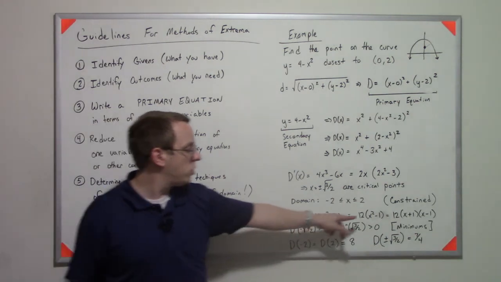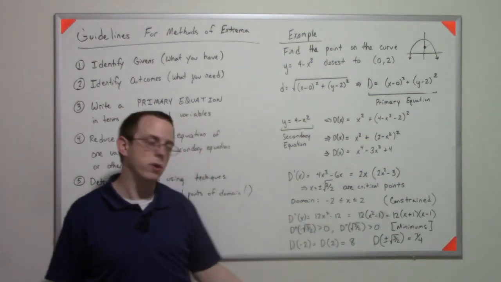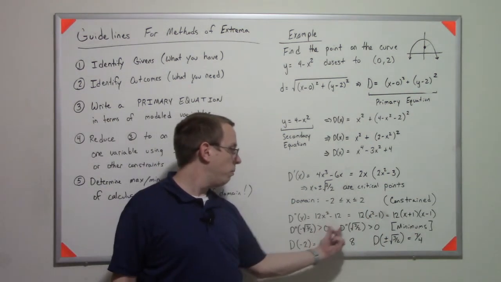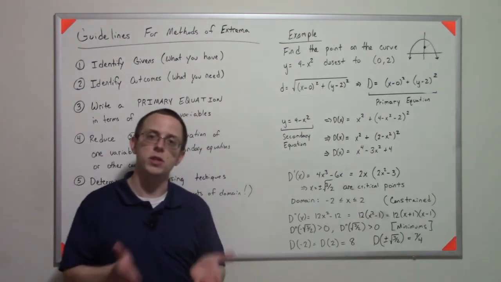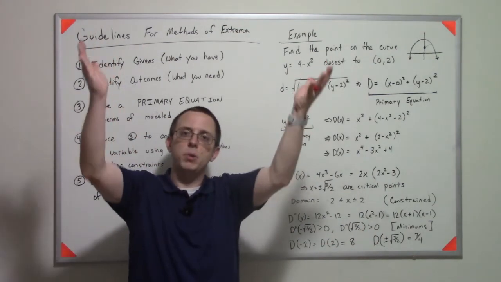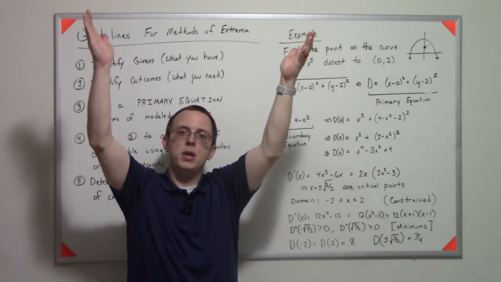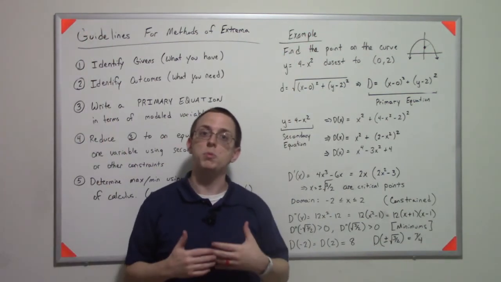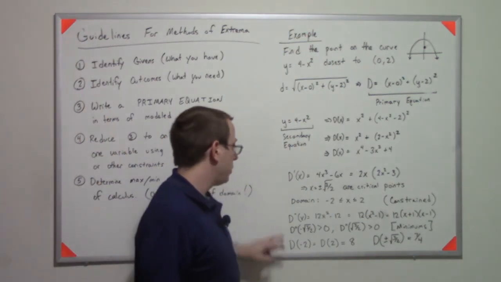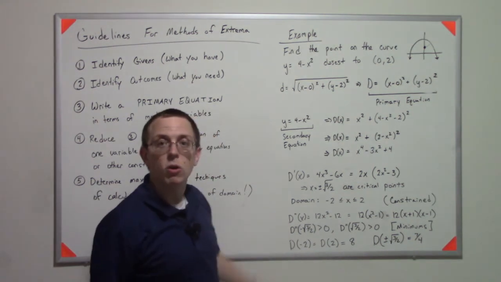And in each case, 3/2 minus 1 is greater than 0. So both of these derivatives are greater than 0. That means we're concave up. So if we're concave up, that means that value must be a minimum. So both of those are local minima.